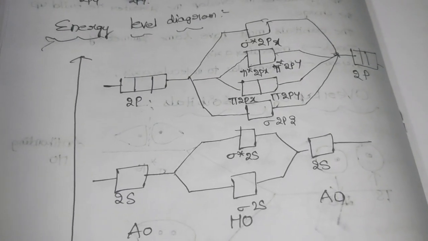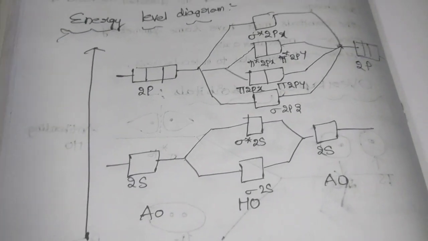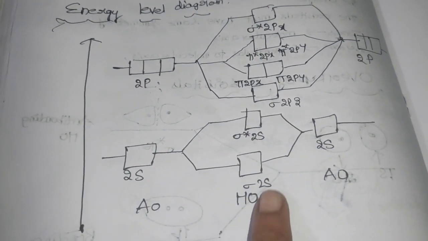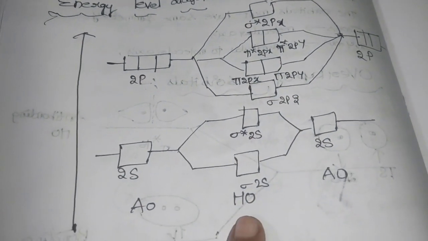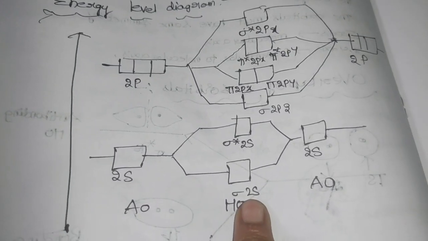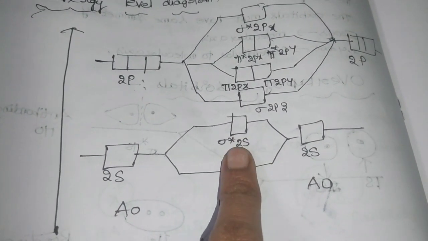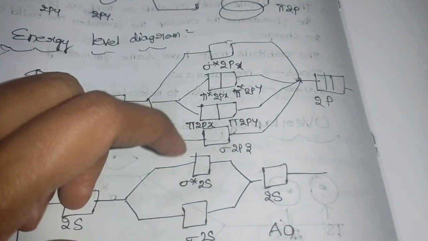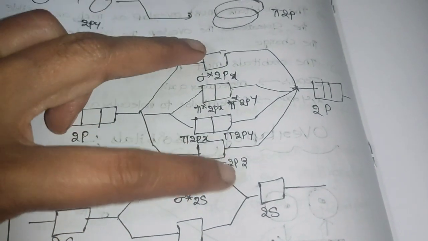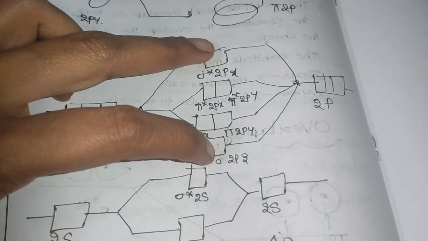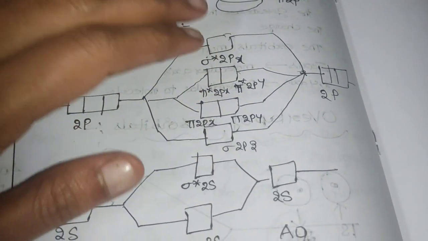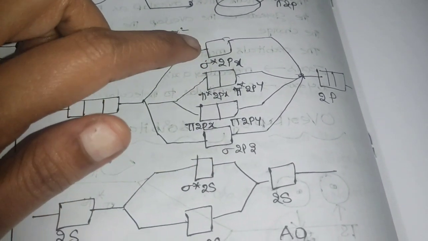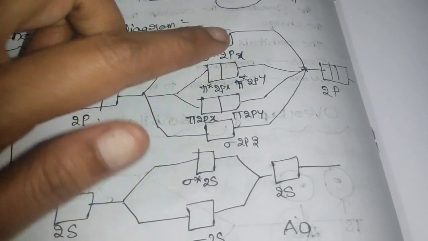So altogether I constructed one energy level diagram. Let's see it. First, the 2s orbitals combine together to form bonding and anti-bonding molecular orbitals, sigma 2s and sigma star 2s. Then the 2p orbitals: first 2pz, these two form bonding and anti-bonding orbitals, sigma 2pz and sigma star 2pz, here I wrote it wrong.